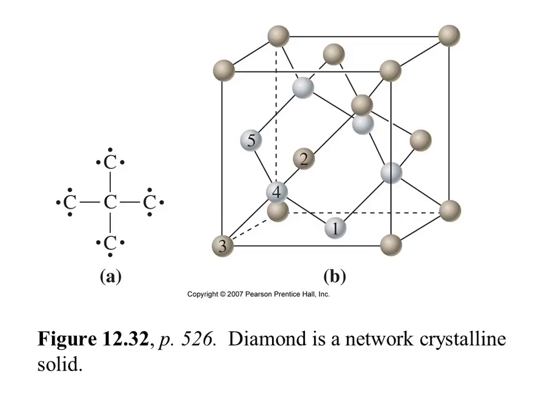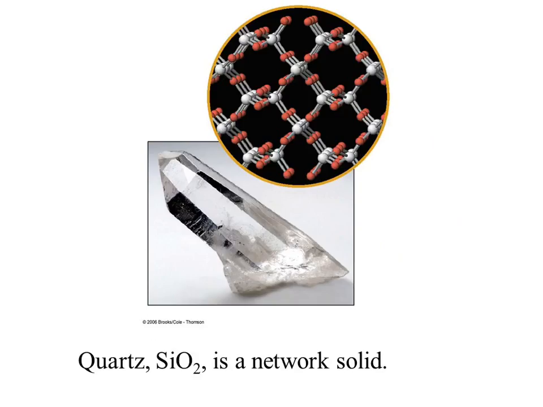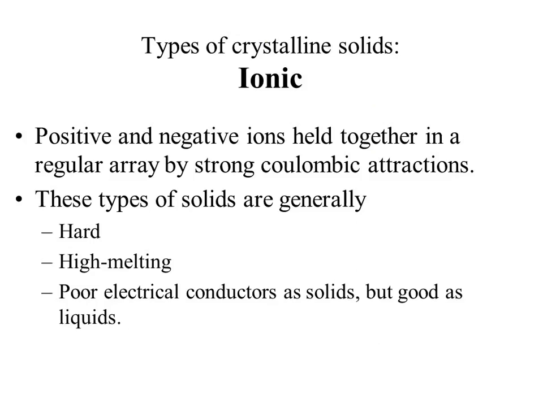And each one of those little balls there are carbon atoms again, but they are a different allotropic form of carbon. Diamond. It has a high melting point temperature. Quartz is another example. Here's a close-up of what quartz looks like. The repeating unit is 1 silicon and 2 oxygens, but it's hard to see up there. High melting point temperature.